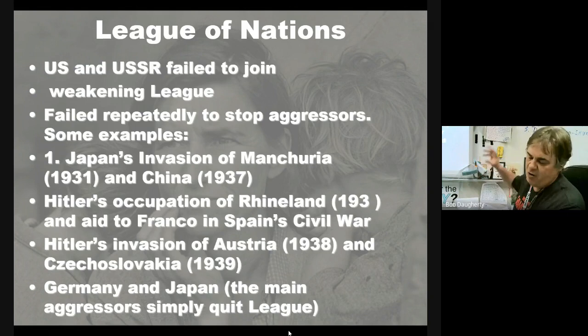This is one reason, y'all, when North Korea invades South Korea in 1950, that the United Nations feels like we've got to do what we didn't do after World War I. We can't let this North Korean guy become the next Hitler or the next Japanese leader like Hirohito or Tojo. And so we're going to try to learn from those mistakes.